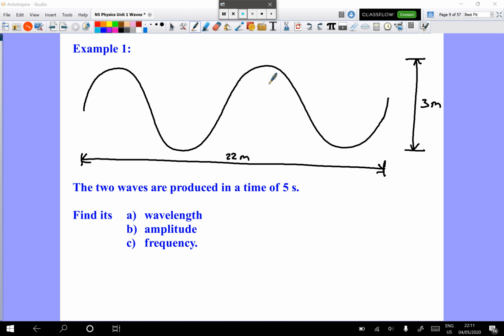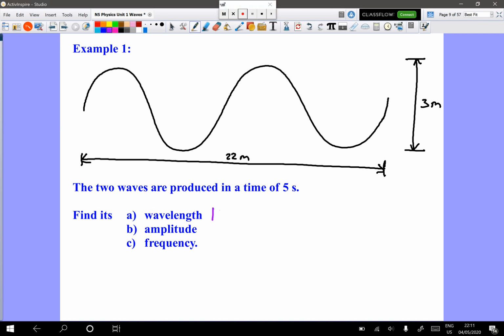So if it's 22 meters for 2 waves, then we can be pretty sure that for one wave it's going to be 11 meters. So 11 meters for one wave, and that's how you find it from a diagram such as this. What you're usually given as well is the full vertical height of the wave, but of course we know now that the amplitude is half the vertical height. So instead of being 3 meters for the amplitude, it's going to be half of that. It's going to be 1.5 meters.